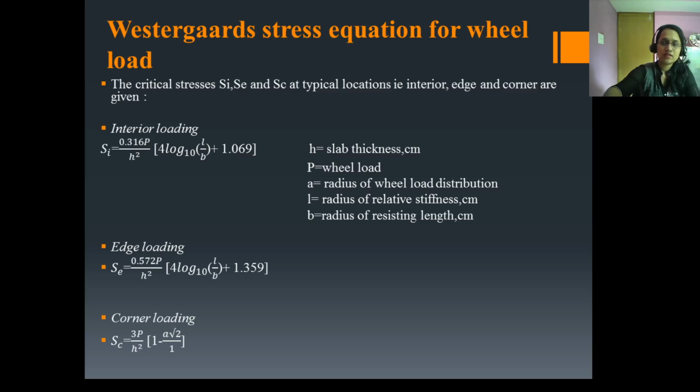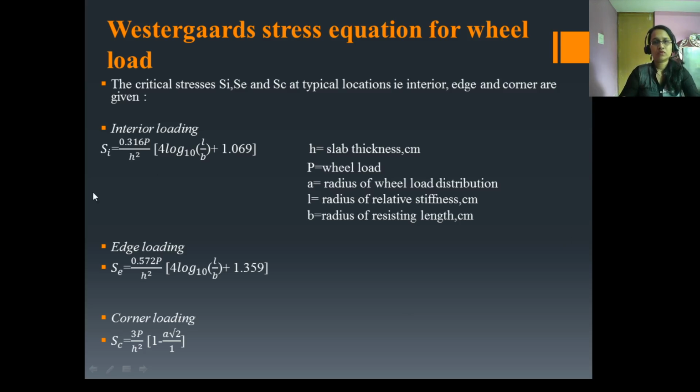So some formulas he has given to us, like for the interior region, the critical stresses where SI, SE and SC are the maximum stress at the interior, edge and the corner.